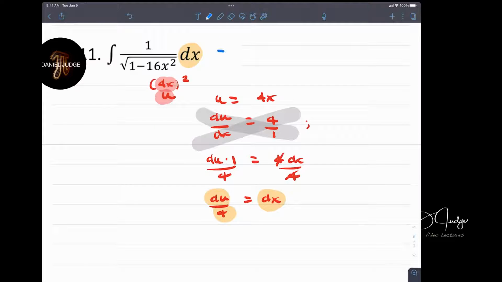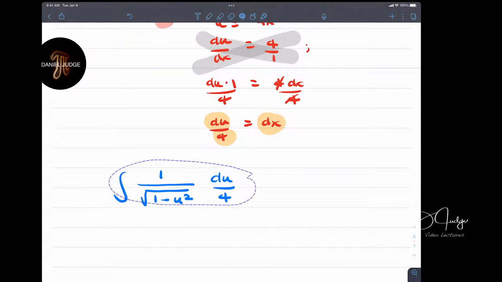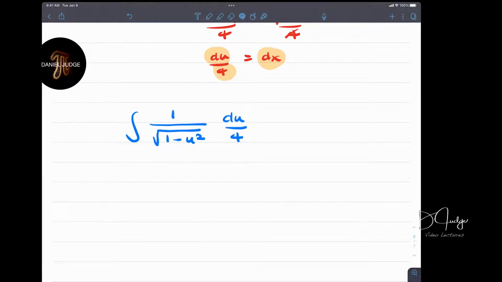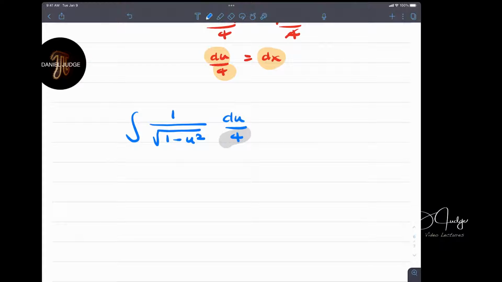So when we do the substitution, that's 1 over square root of 1 minus u squared. Now dx is du over 4. So don't forget to pull out the constant being 1/4.